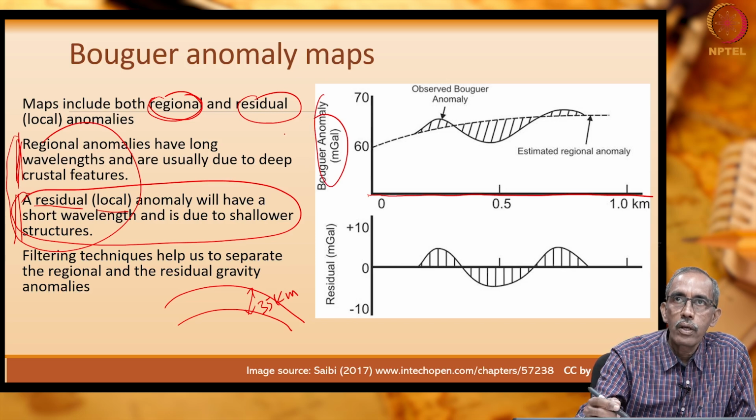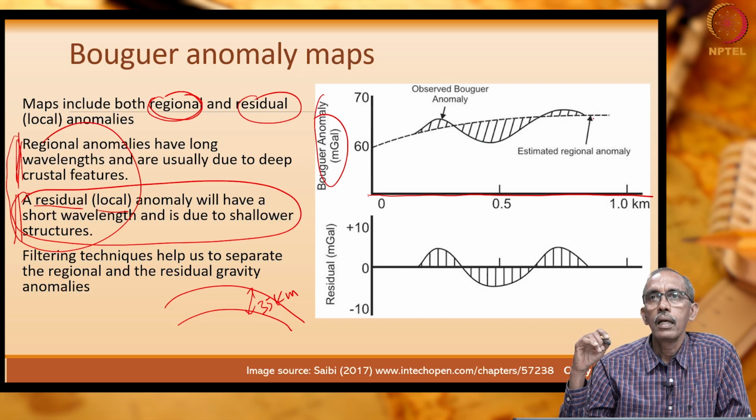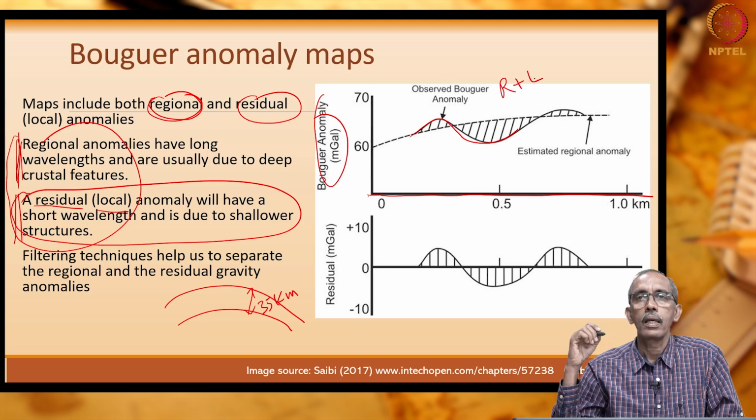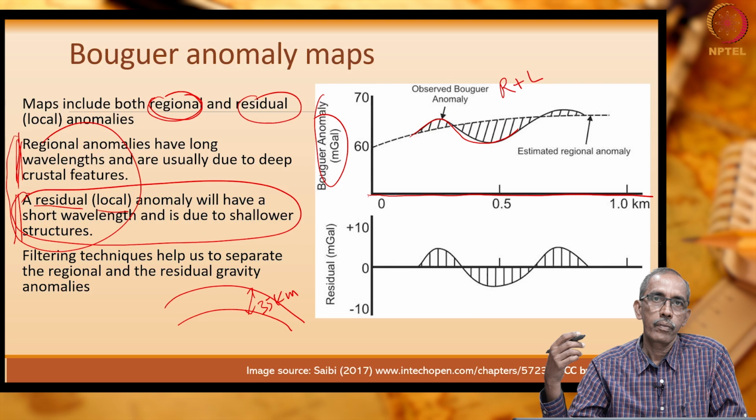The gravity values actually varied something like this, right. So, the measured value which we have obtained is a combination of both regional plus local anomaly, right. That is what we are measuring during the field work.